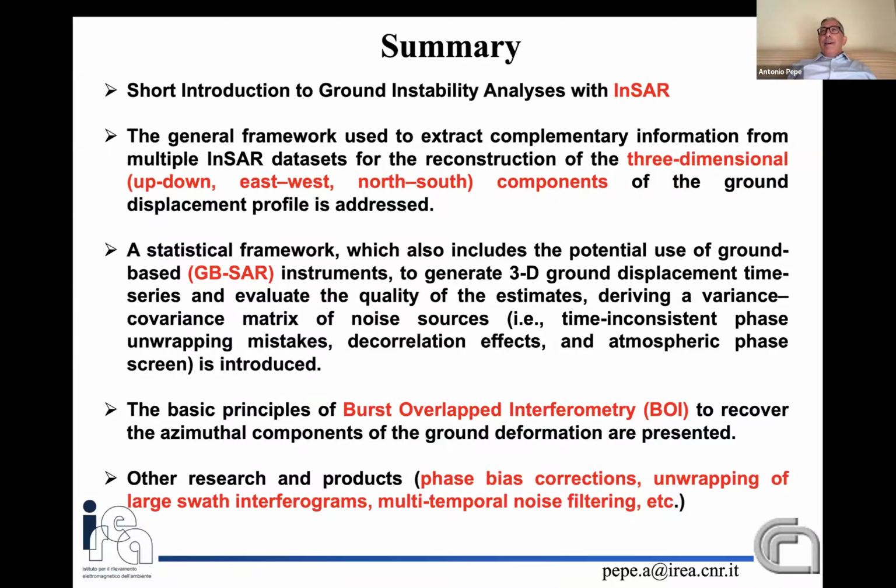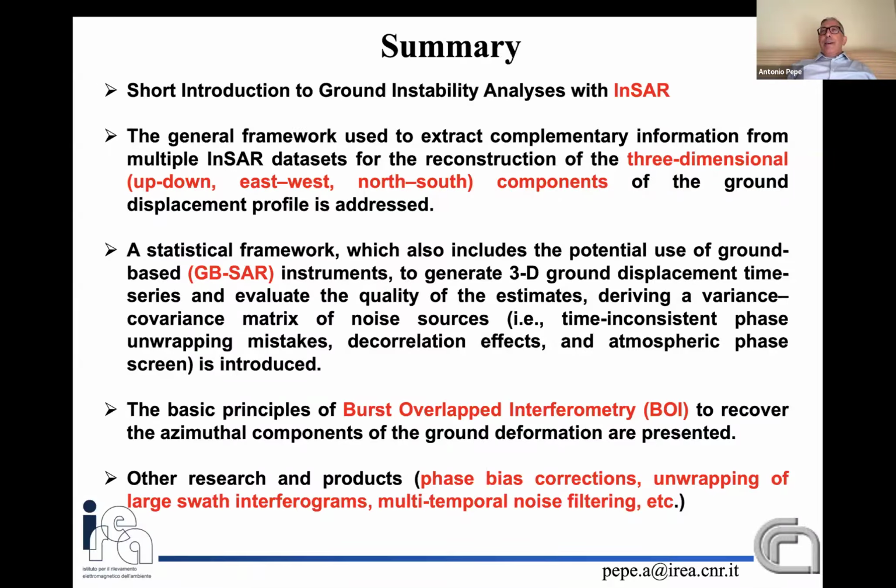I will show some equations, but interested people can read the papers and maybe send me emails to ask for clarifications. Generally speaking, I hope that most of us know the basic principle of interferometric SAR, so InSAR. I will spend very few words about the InSAR geometry.